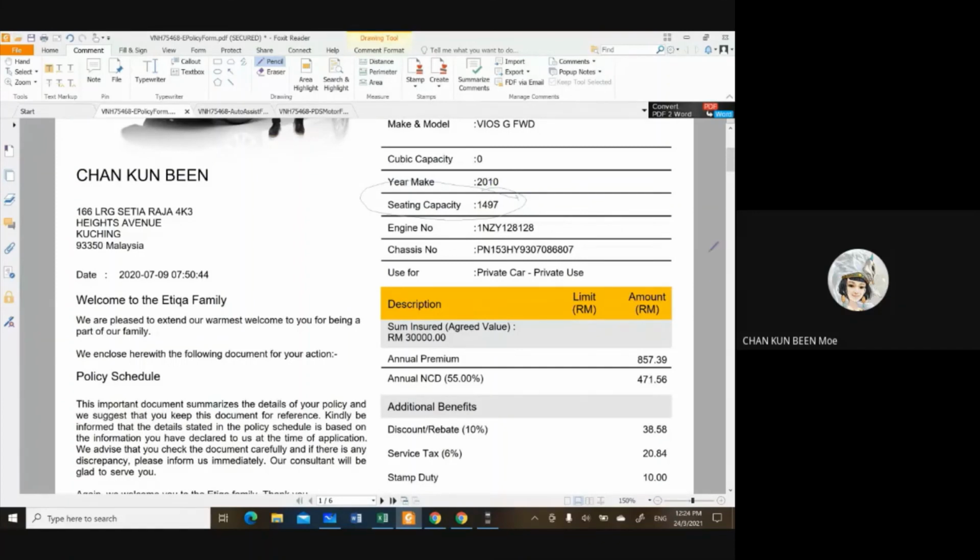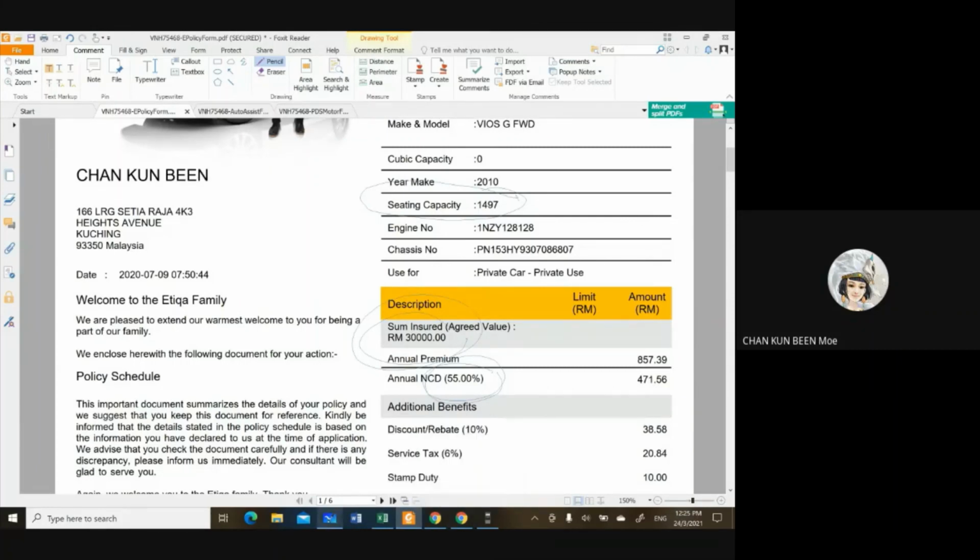You can see my sum assured is 30,000, and the annual NCD is 55% because it's already more than 5 years. After the calculation, you can see 35,000 with 55%. That is the information given.